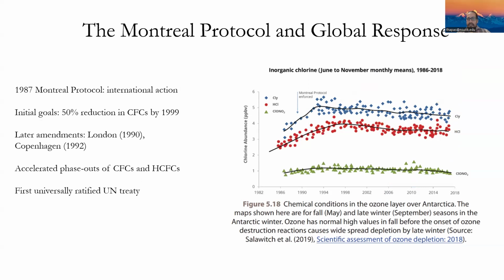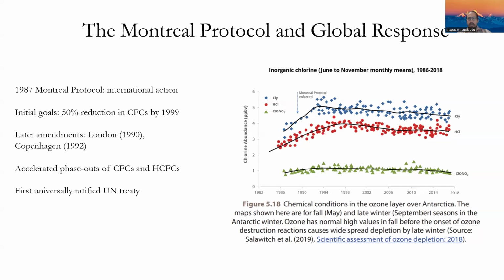The alarming evidence of ozone depletion spurred the 1987 Montreal Protocol, an unprecedented act of global cooperation. Initially aimed at reducing chlorofluorocarbons, CFCs, it was later strengthened through amendments in London and Copenhagen to speed up the phase-outs and include other ozone depleting substances.